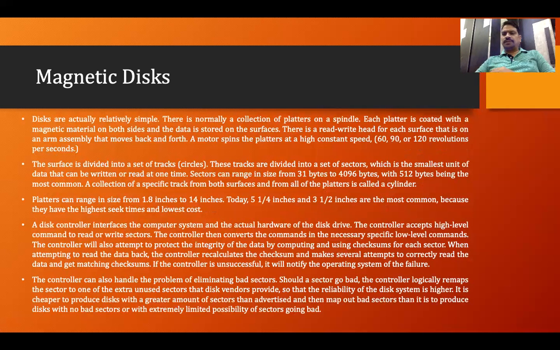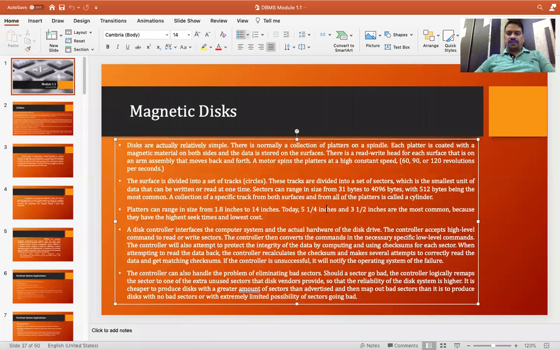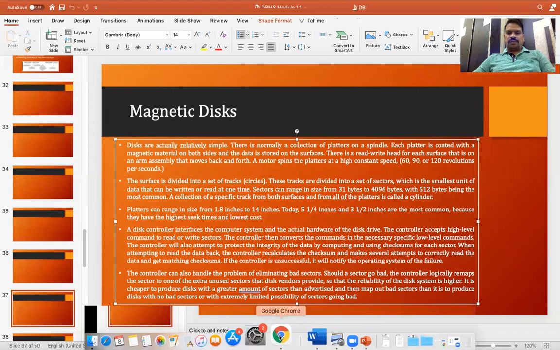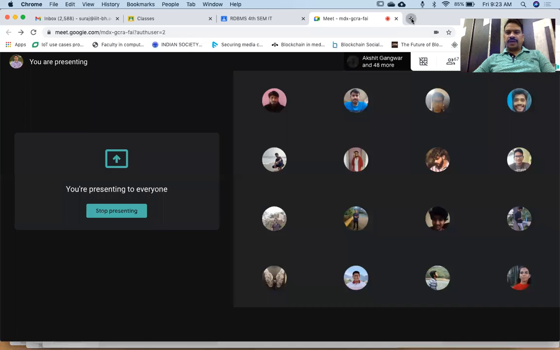Now let's talk about magnetic disk. So what is a magnetic disk? You all know what a magnetic disk is, right? I don't have to give you the information about a magnetic disk.